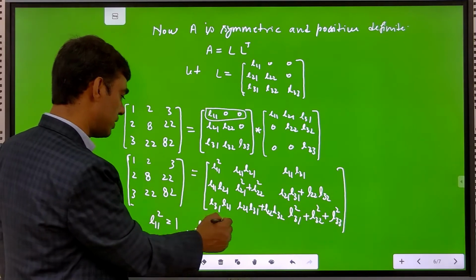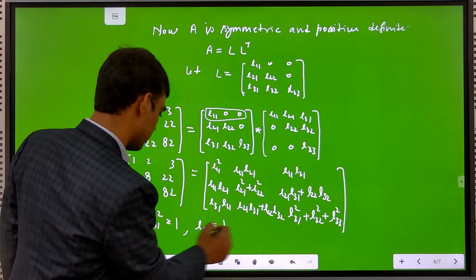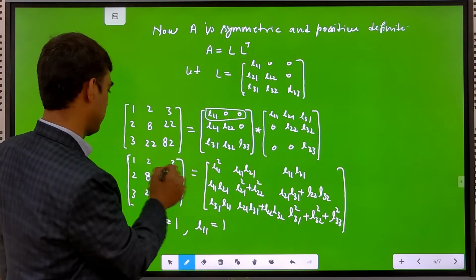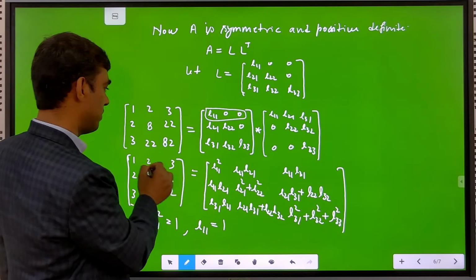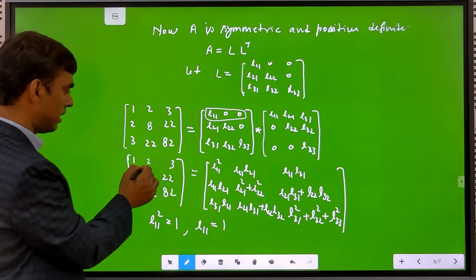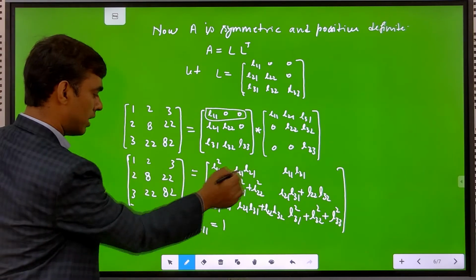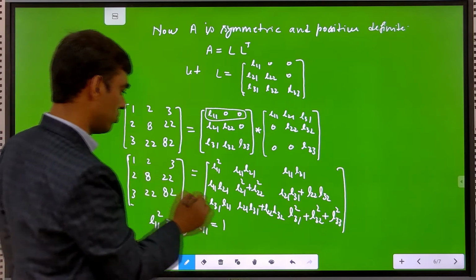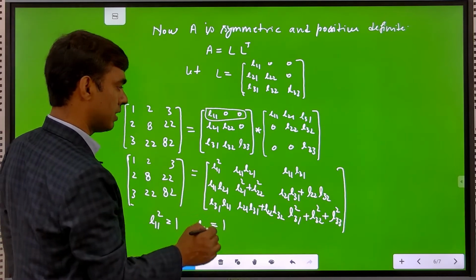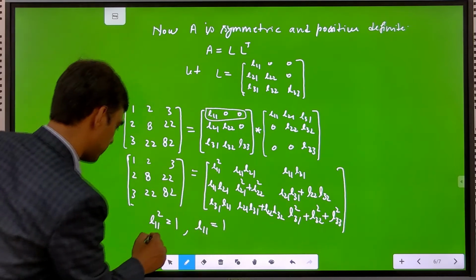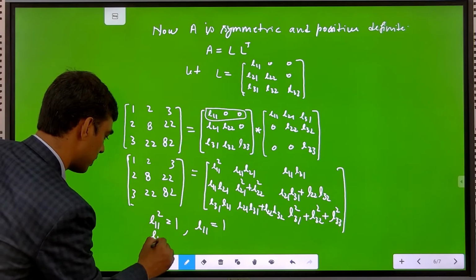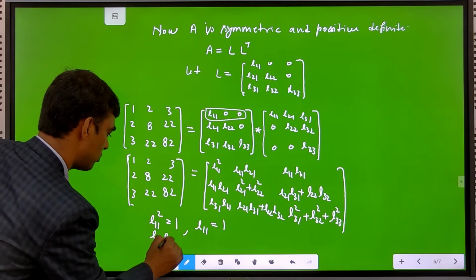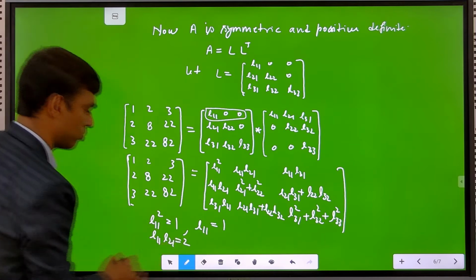So L11 equals 1. If we compare the second element, then L11 L21 is 2. Here we write L11 L21 equals 2.